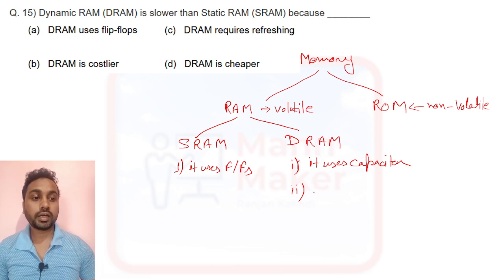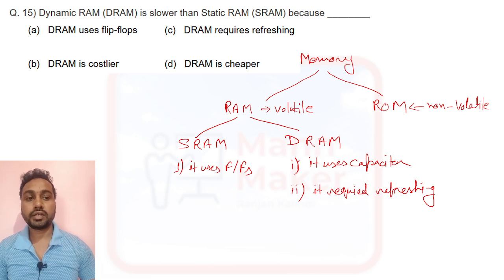That's why DRAM requires refreshing. DRAM uses capacitors, that's why it requires refreshing, and because of that only, it becomes slower.